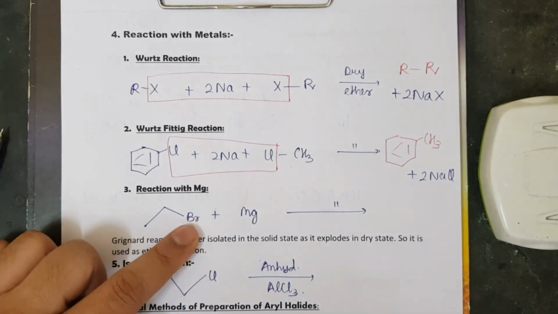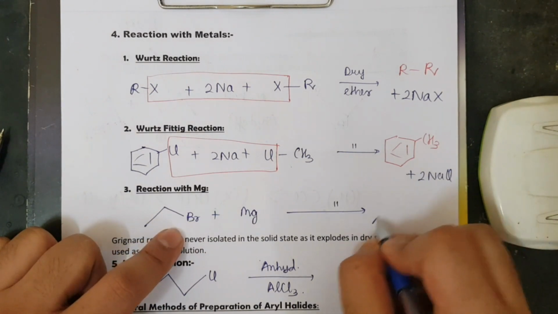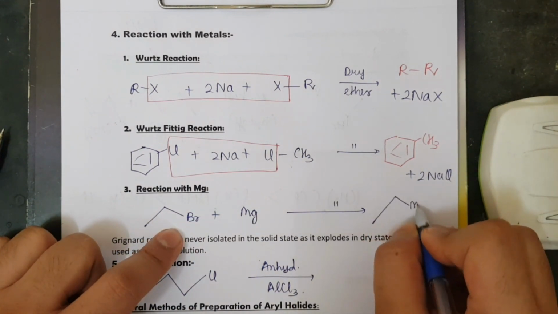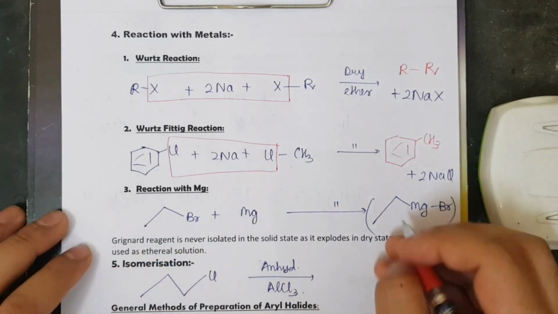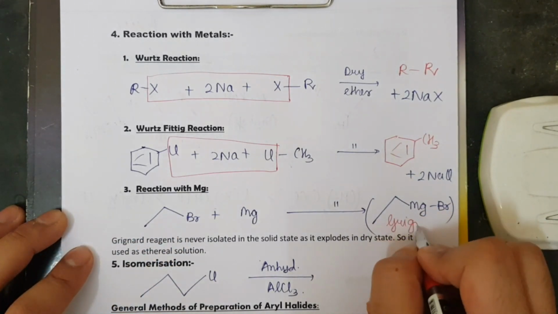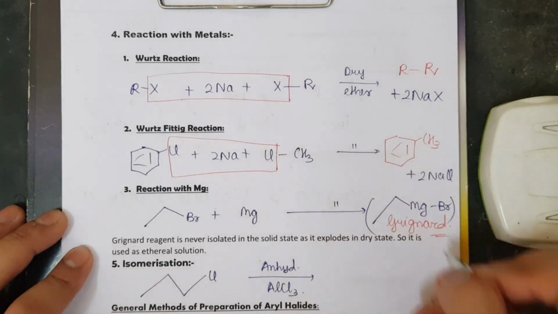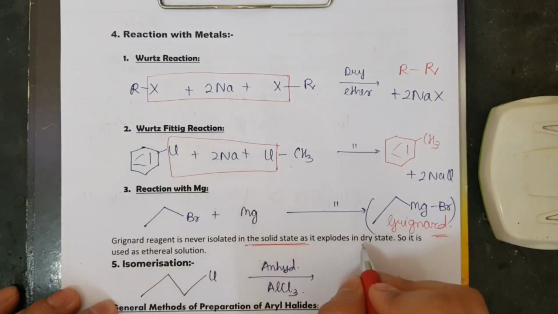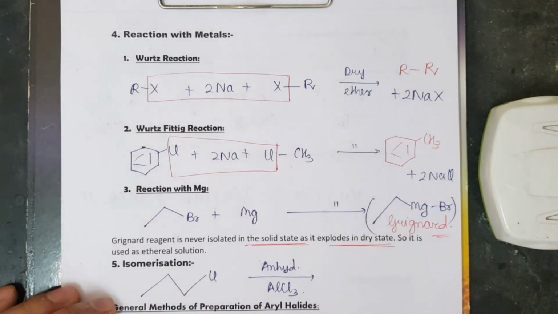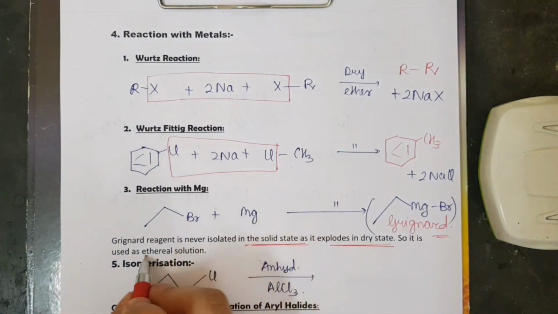So what actually happens from here is that you can guess, we have this thing which is written here. Now we have Mg, and we get RMgBr formed, which is very popularly known as the Grignard reagent. Okay, so the Grignard reagent is never isolated in the solid state because it is explosive in the dry state. So that is why it is used in ethereal solution.